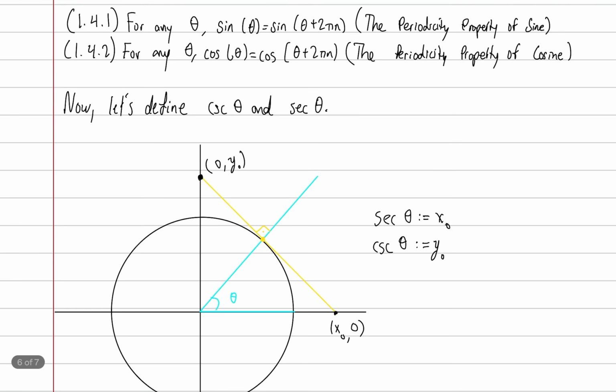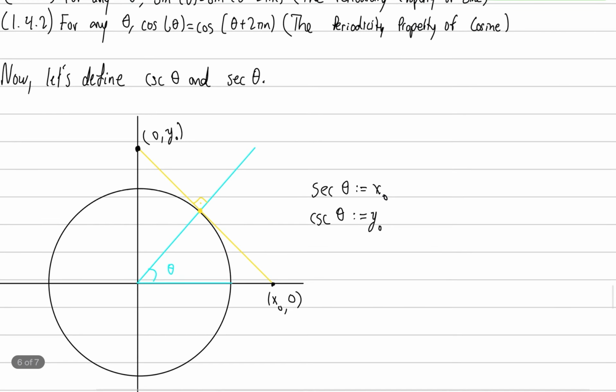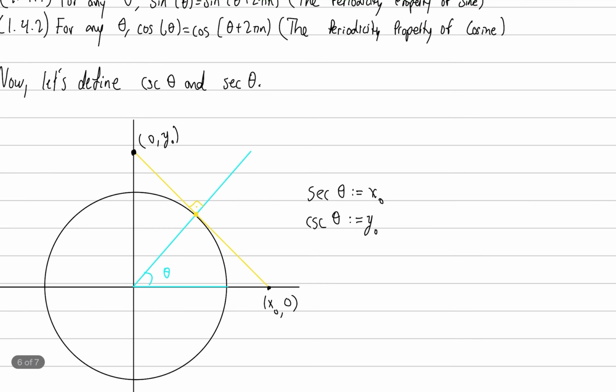And finally, we're going to define cosecant and secant. Although we'll probably only talk about sine and cosine for a pretty long time, we should still know the definition of cosecant and secant, and also the property that cosecant is, well, of course, 1 over sine, and secant is 1 over cosine.